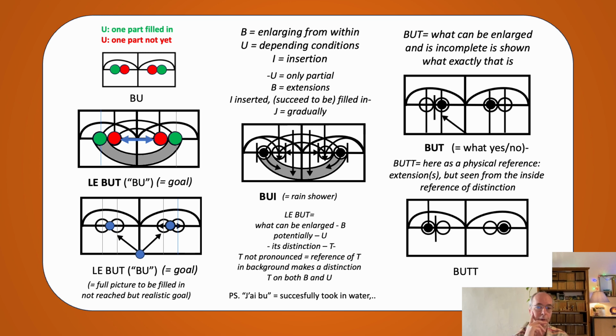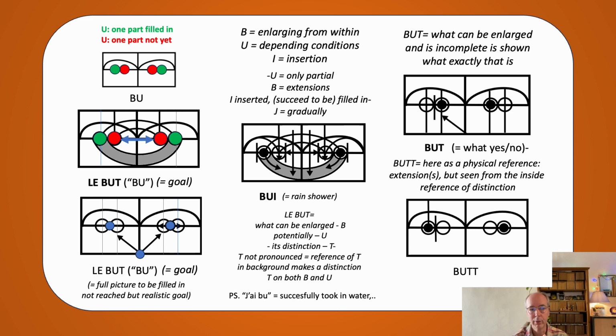Go over to the three kinds of words that are with B, U and T. You have the BU, the French word, le but. It's also written as B, U and T, but only pronounced as BU. So the BU should be very important.